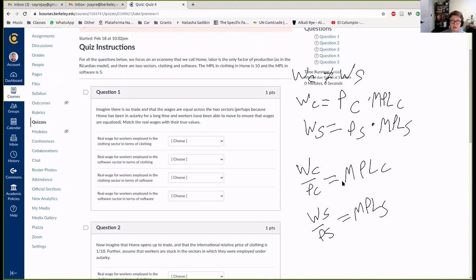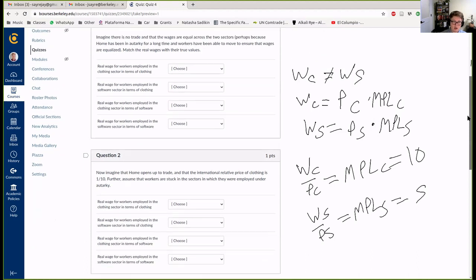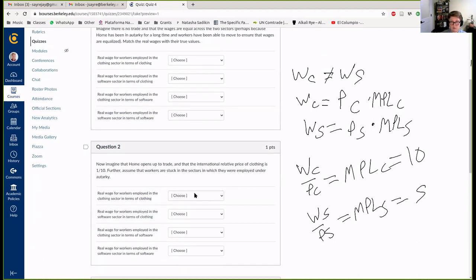For instance, WC over PC, as long as the marginal productivity of labor in clothing doesn't change, it's always going to be 10. And as long as the MPL in software doesn't change, it's always going to be 5. So the real wage for workers employed in the clothing sector in terms of clothing is just WC over PC, and that's going to be 10.